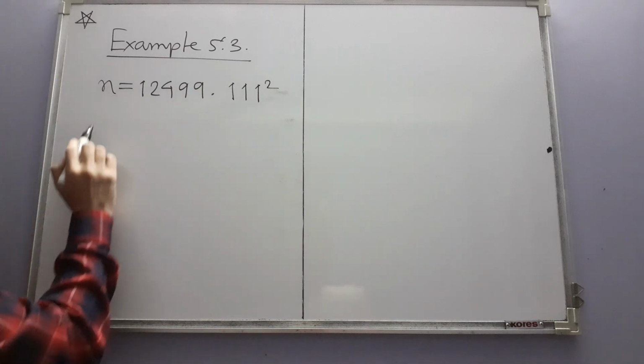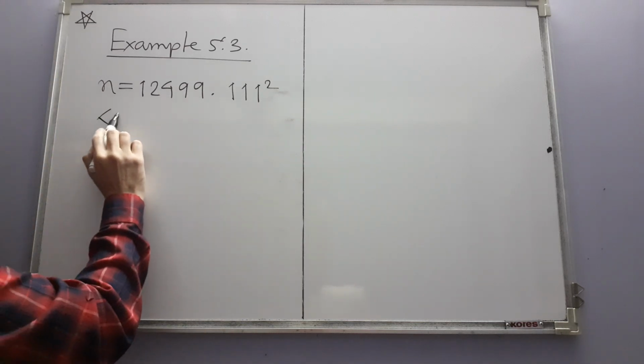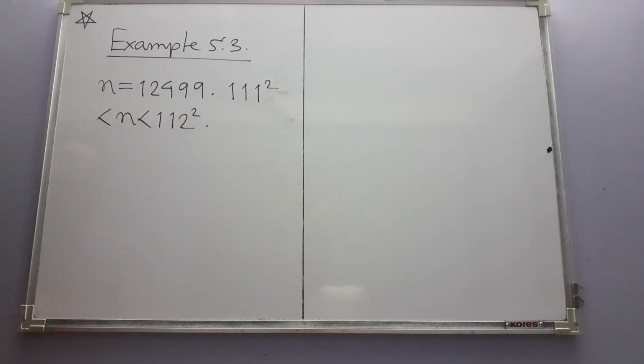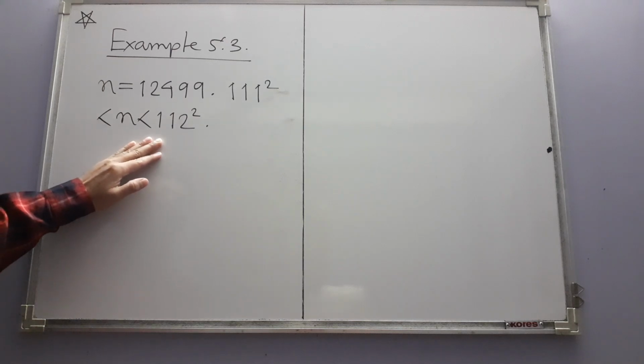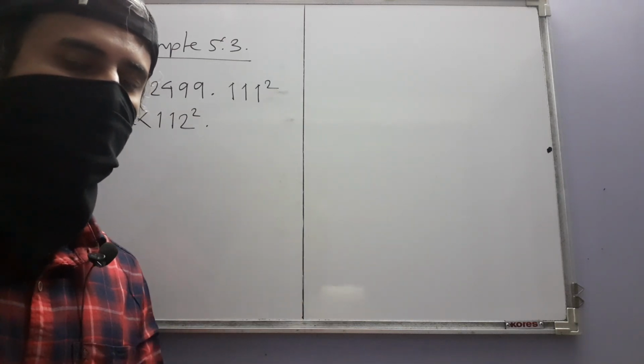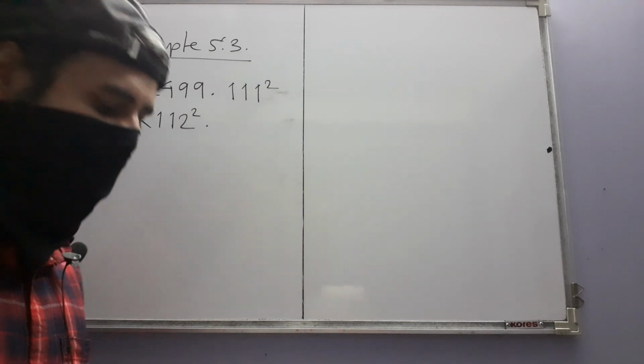Look for squares. The first square that exceeds this, in this case, is this. And then we proceed by going through those quantities: 112 square minus n, 113 square minus n, and so on.